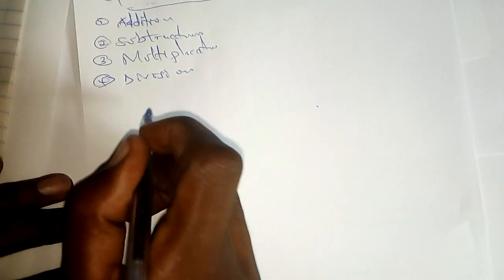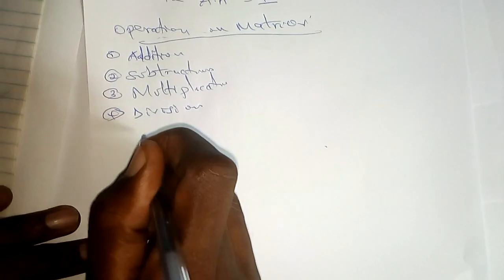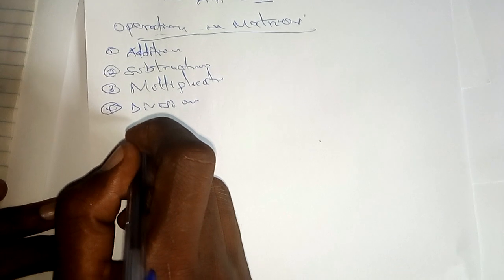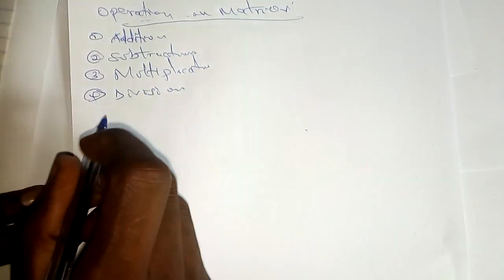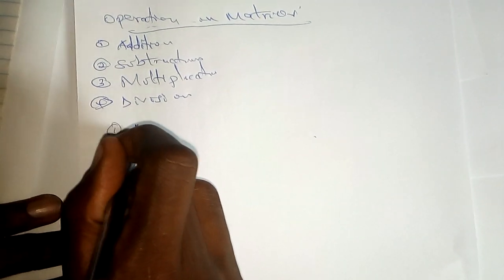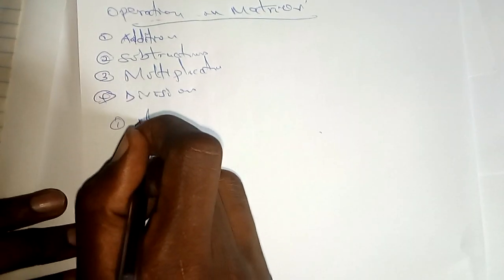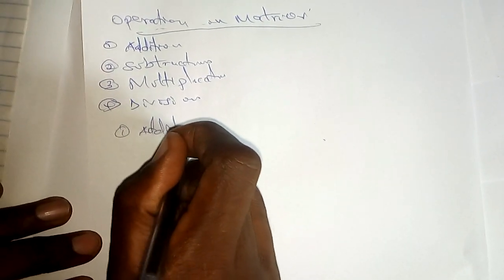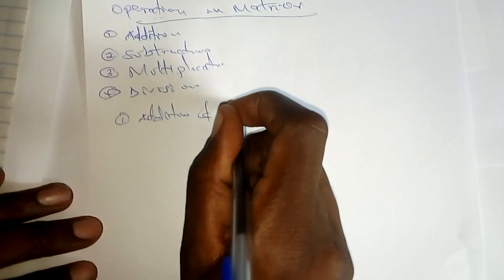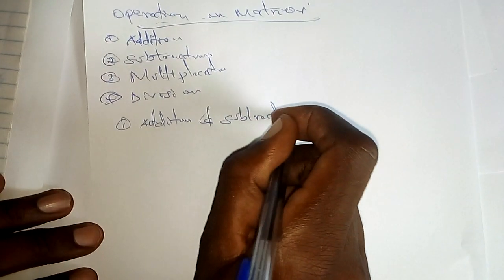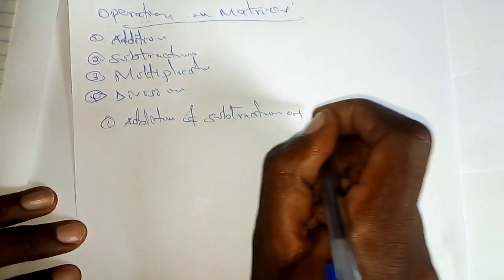Under the first parameter here, we can combine addition and subtraction. Now number 1, let us look at addition and subtraction of matrices.